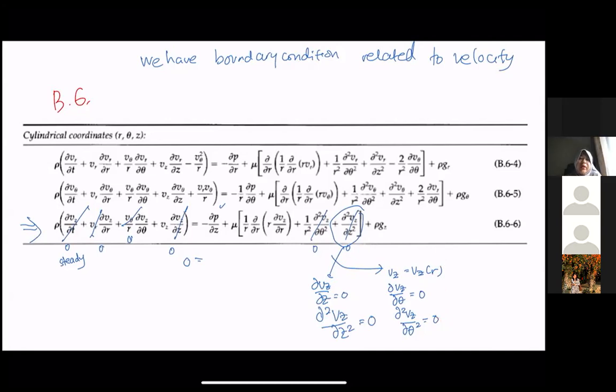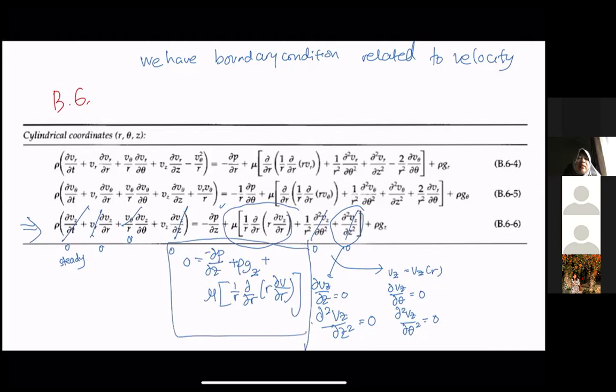So what will be left is minus dou p over dou z, and we have rho g z, and then plus this term, mu times 1 over r, dou over dou r of dou phi over dou r.